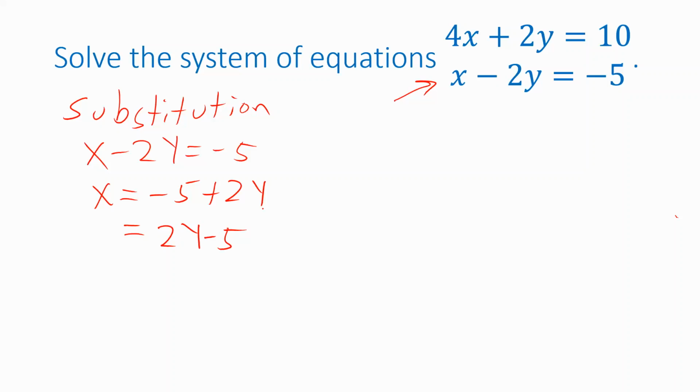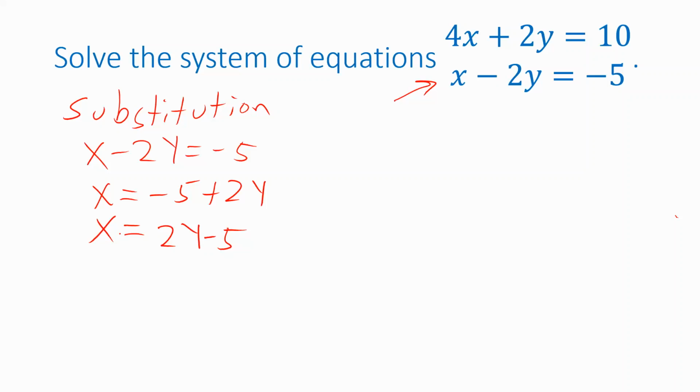That's equivalent. This equation, x equals 2y minus 5, tells us x is the same as 2y minus 5. For any point on that line, if I plug the y value into the right side, the number I'll get will be the same as the x value of that point.